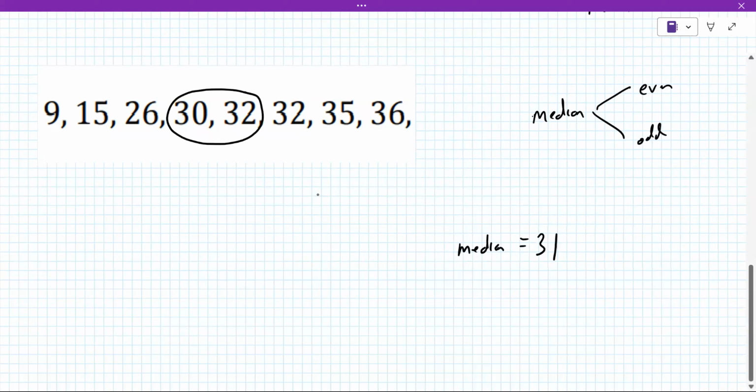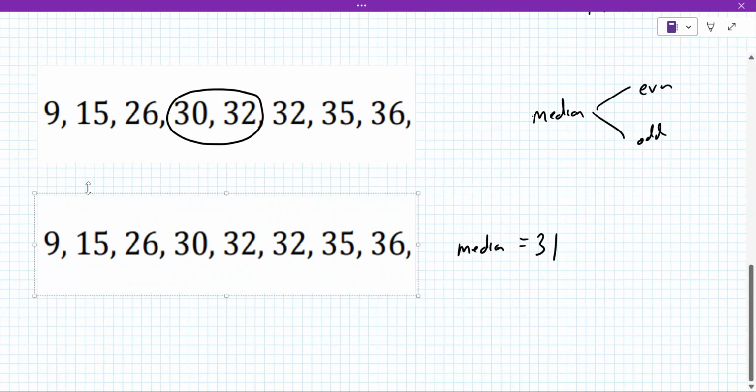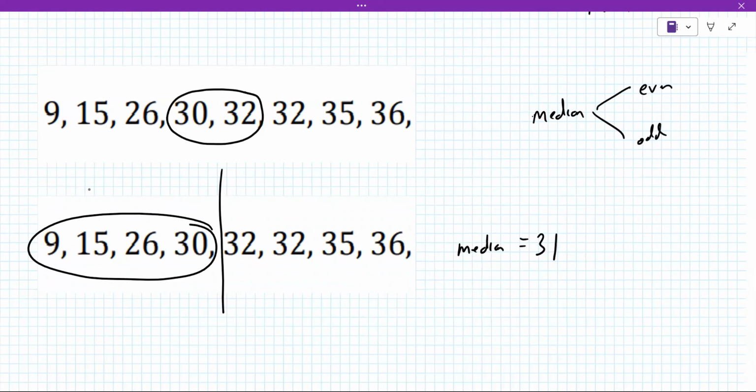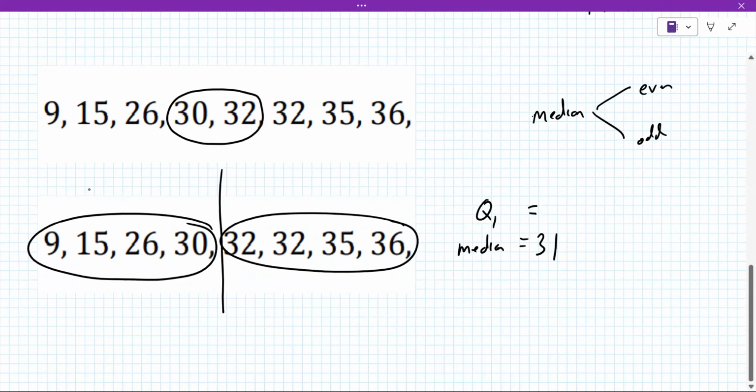Yeah. Now to find quartile 1, what's a little frustrating here, it's not really a consistent rule, is you actually go back and break the data set right in half, and then you find the median of each of these. So in this case, you've got to find the average of those.